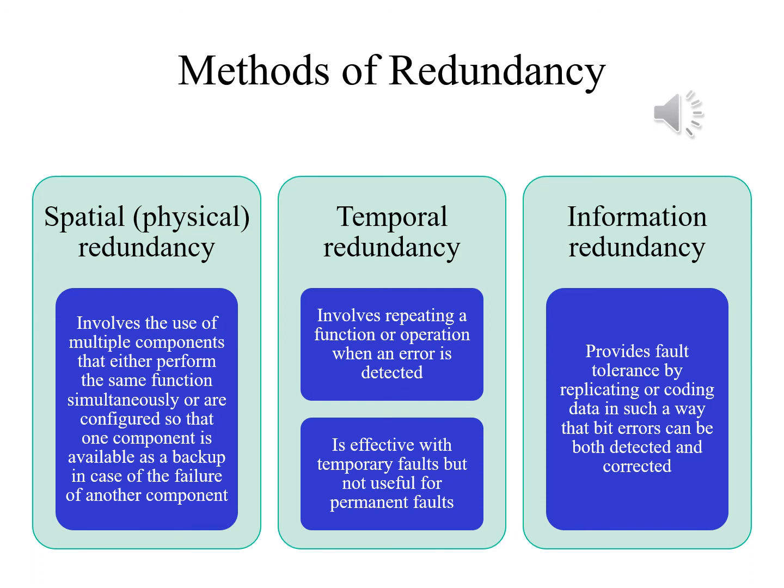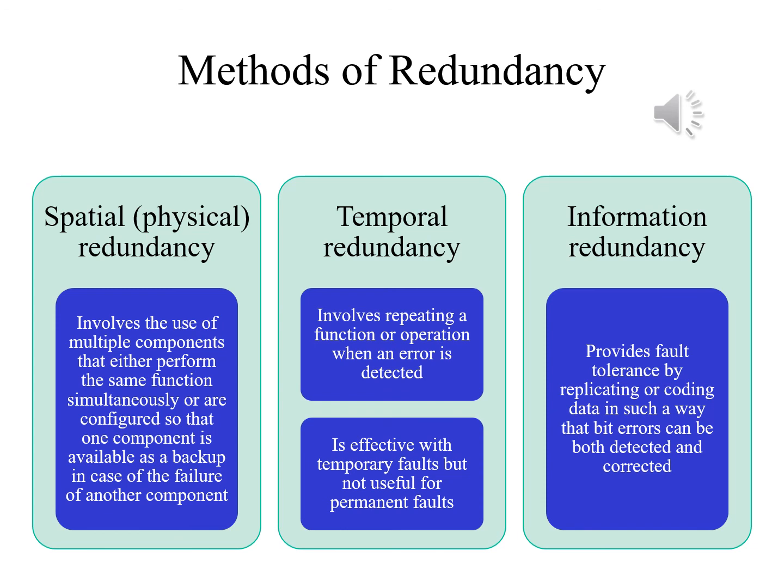Temporal redundancy. Temporal redundancy involves repeating a function or operation when an error is detected. This approach is effective with temporary faults, but not useful for permanent faults. An example is the retransmission of a block of data when an error is detected, such as is done with data link control protocols.